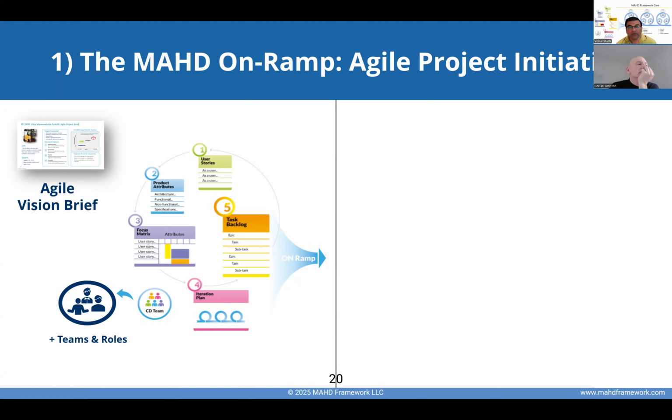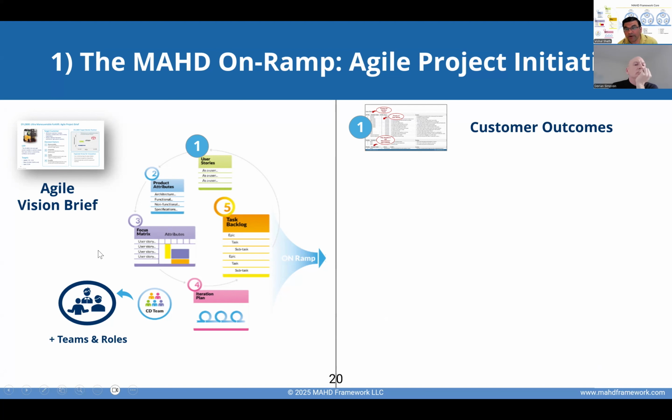They're floundering due to the lack of a holistic view, difficulty incorporating architecture, and forget about delivering hardware iteratively. So they need a way to quickly get aligned so each functional area can move easily and quickly in the same direction without a ton of over-planning that is typically associated with stage gates and the traditional way of planning. So that's where the Agile Vision Brief and the MAD on-ramp come in.